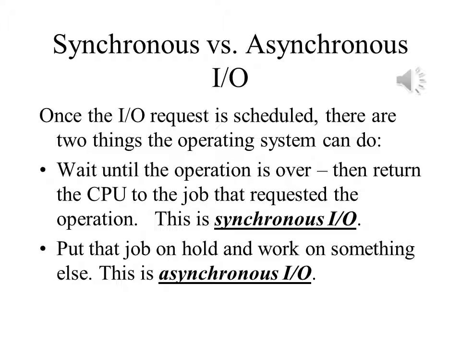When the operating system waits for the device to finish, we call this synchronous I/O because it is synchronized with the operation of the CPU. If the operating system puts that job on hold and starts working on something else, we call this asynchronous I/O because there is no synchronization between input-output and the CPU.